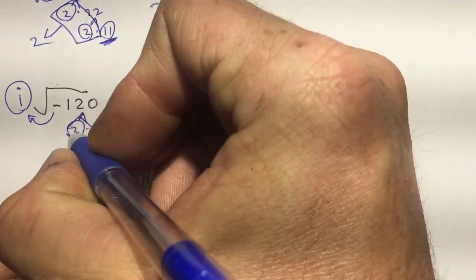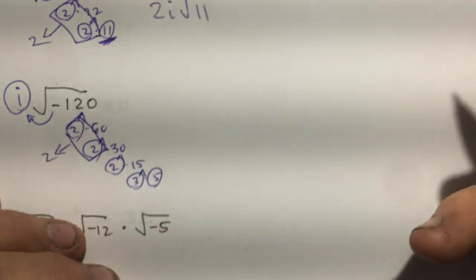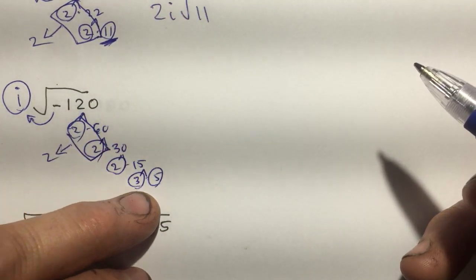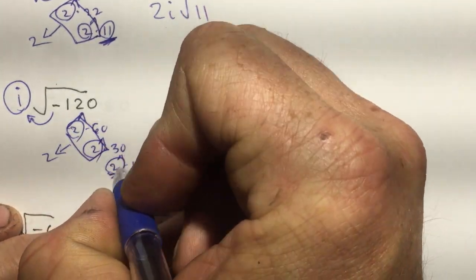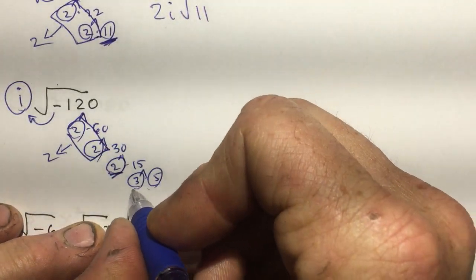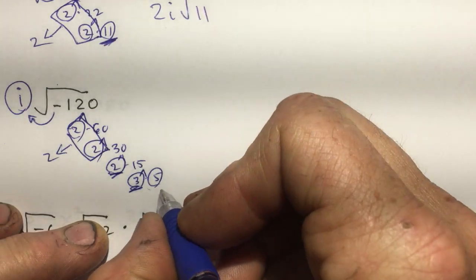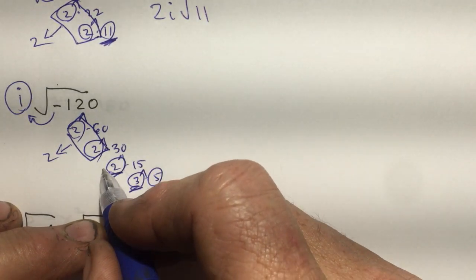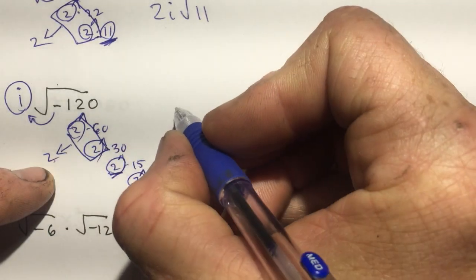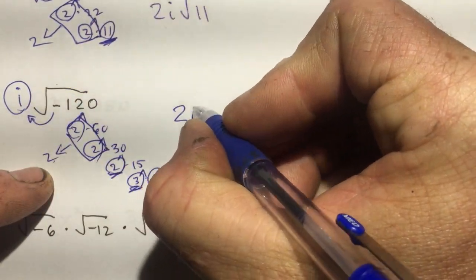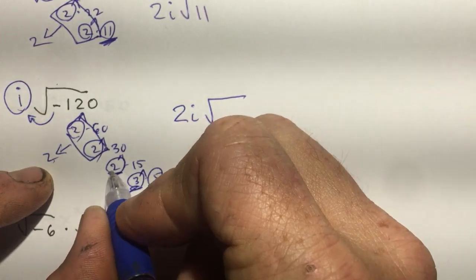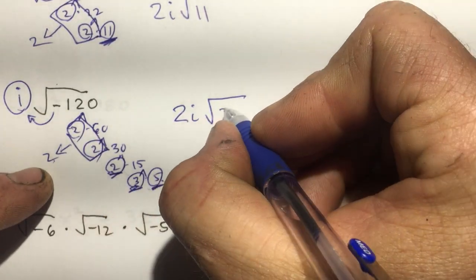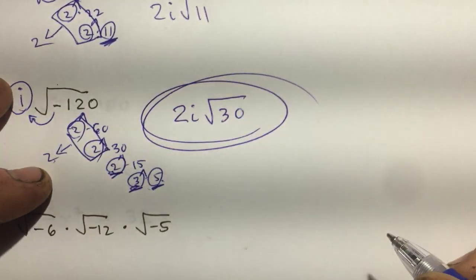Right here, I got a pair of 2's. That's going to send out a 2. What else do I have a pair of? That's it. This 2 is stuck because he has no partner. This 3 is stuck. He has no partner. This 5 is stuck. He has no partner. So all 3 of those are stuck in the radical. So I've got this 2 coming out. I've got my i out. And in the radical, I've got 2 times 3 times 5, which is 30. There you go. There's my answer.